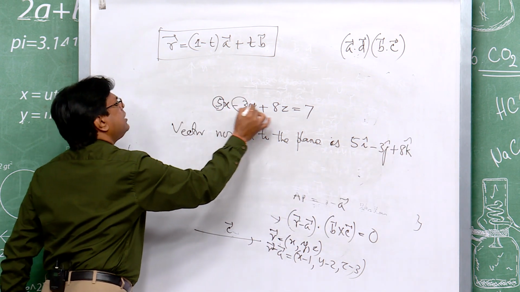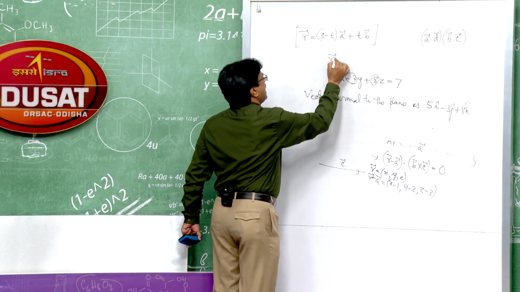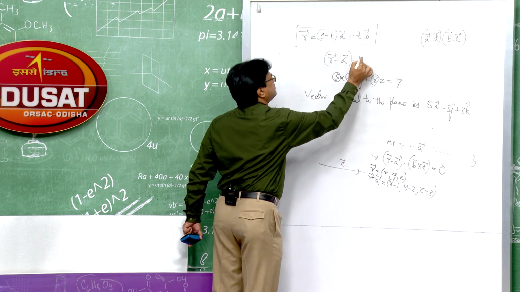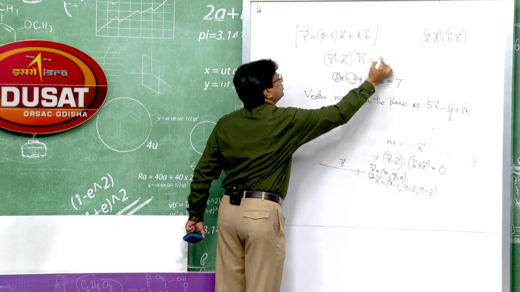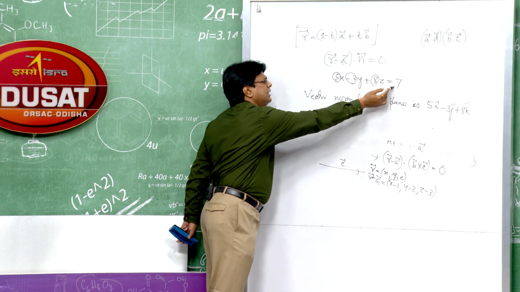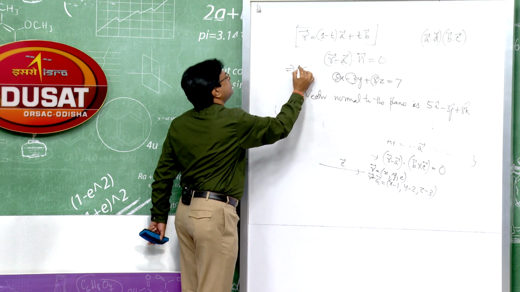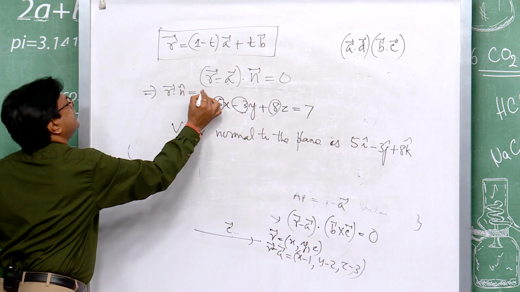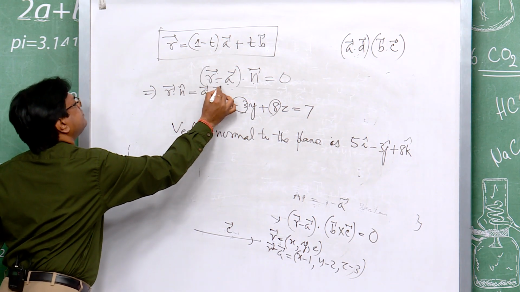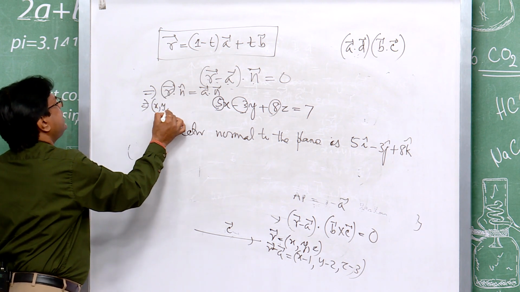You have to find only these components, because (r minus a) dot n is equal to 0. So, r dot n minus a dot n is given, where r dot n is the variable part and a dot n is constant. Here r means x, y, z.